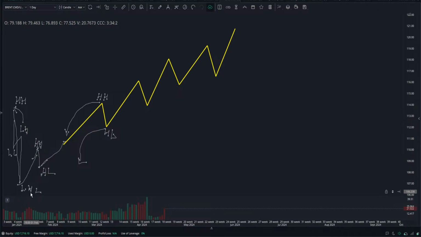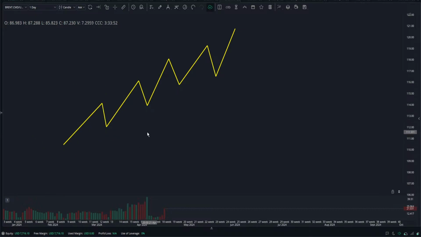Then it made a lower low here, then it made a higher low here, higher high here. Sorry, this one is not higher than this one. Okay, I did everything wrong here. So you see the price was going down, and it was making lower highs and lower lows. I think this is the basic.